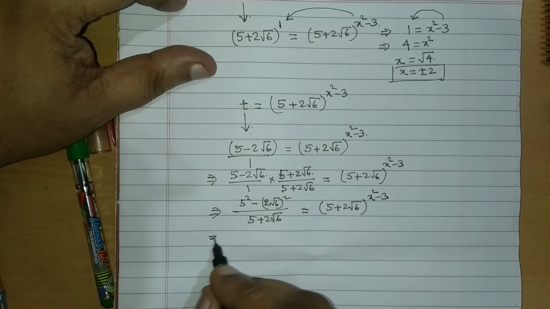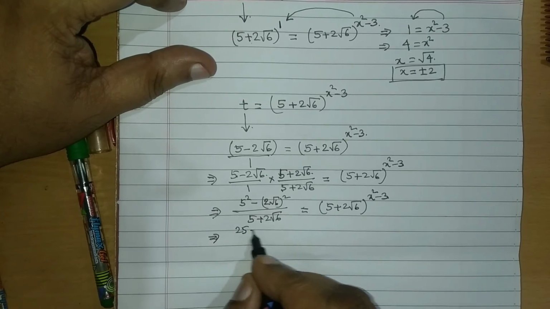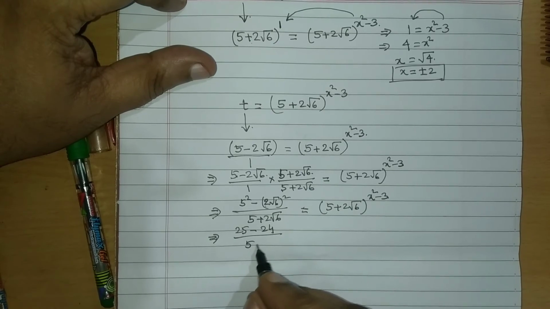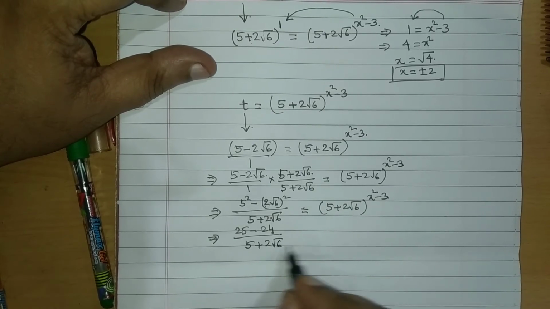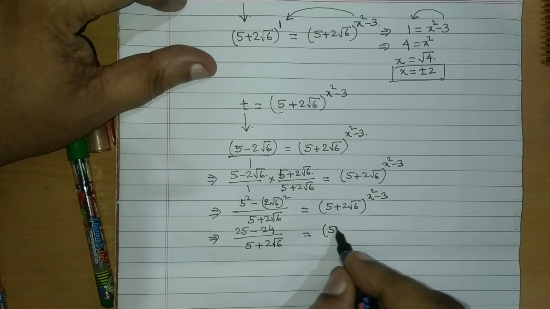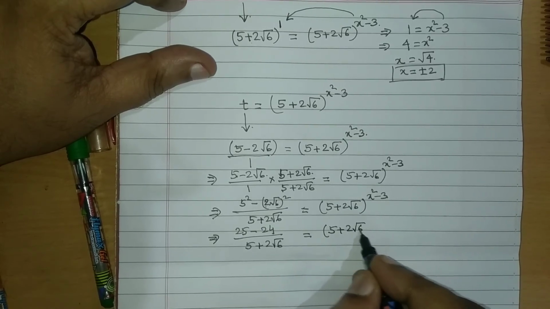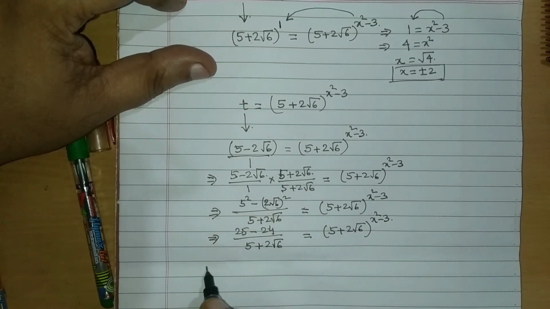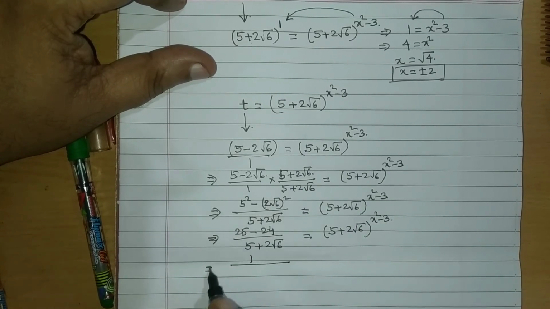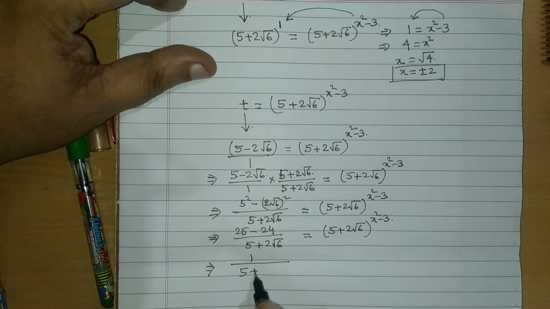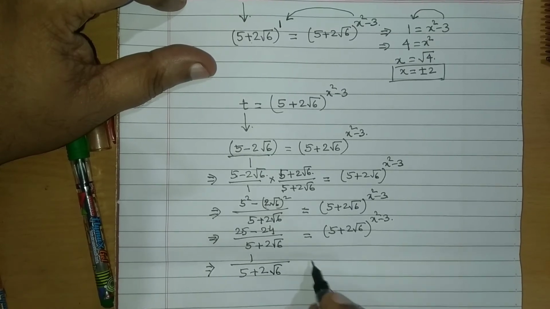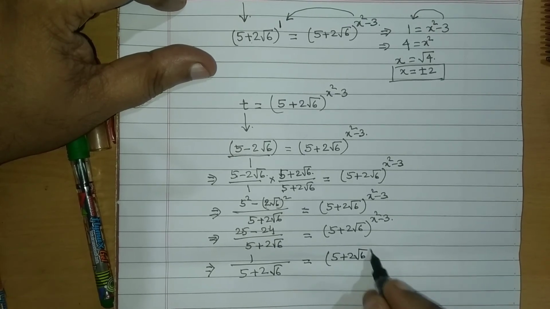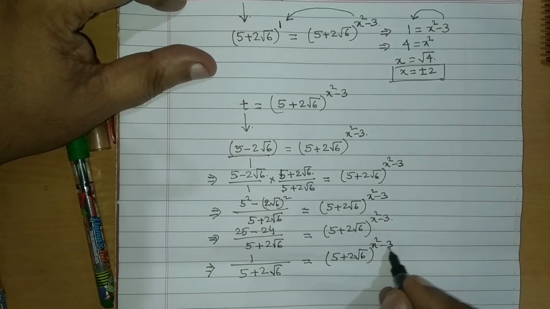So here is 25 minus 4 into 6, so 24, by 5 plus 2 root 6, it is equal to 5 plus 2 root 6 to the power x square minus 3, and here is equal to 1. This is 1. So 5 plus 2 root 6, it is equal to 5 plus 2 root 6 to the power x square minus 3.